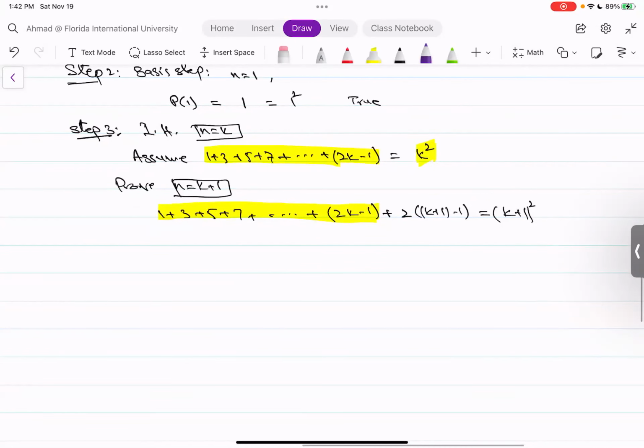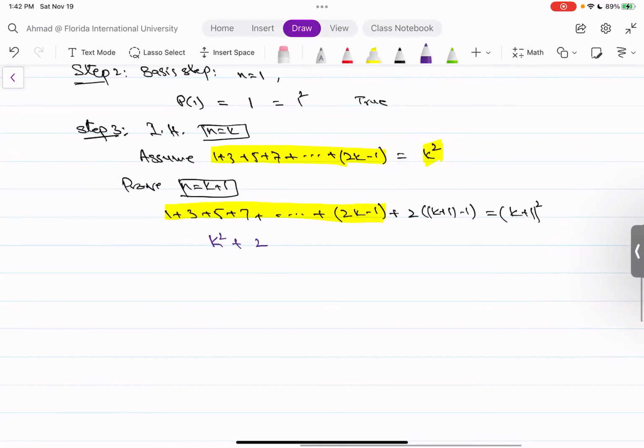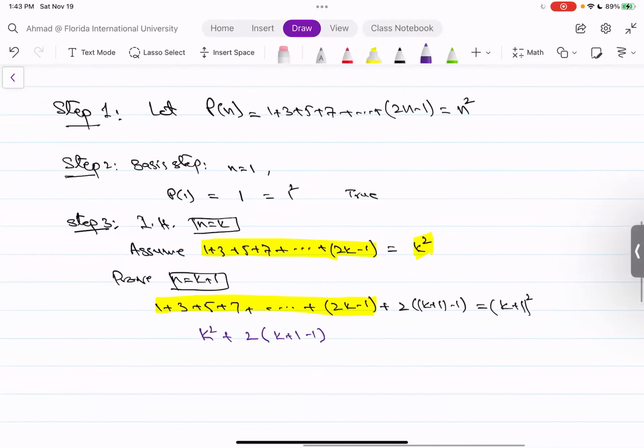So we are going to do k square plus the k plus 1 term, which is 2 into k plus 1 minus 1.